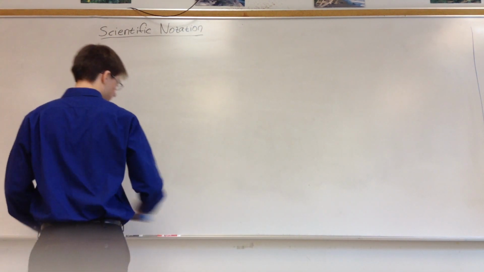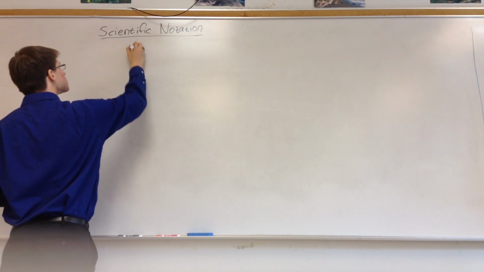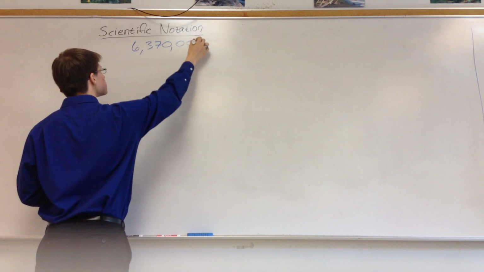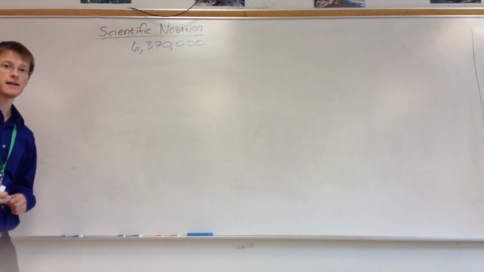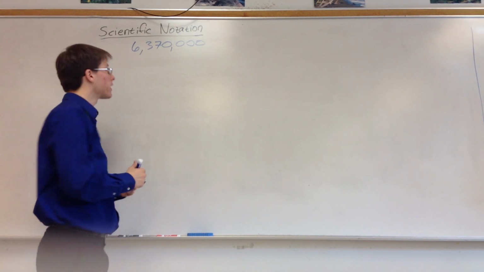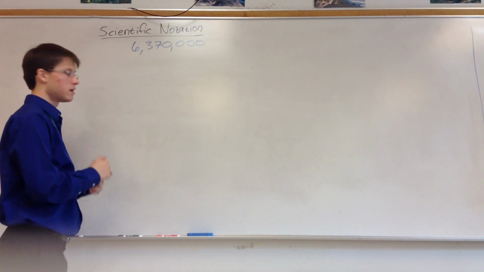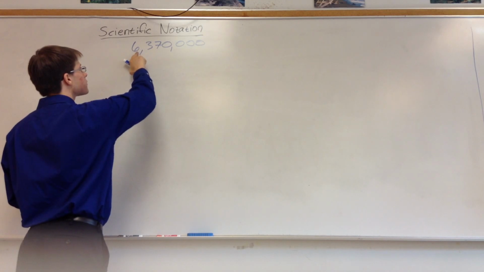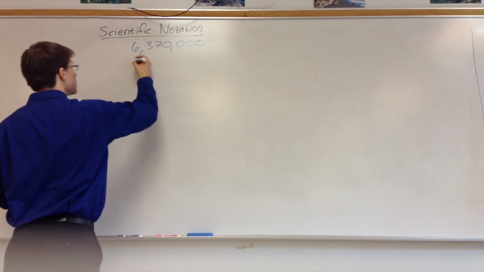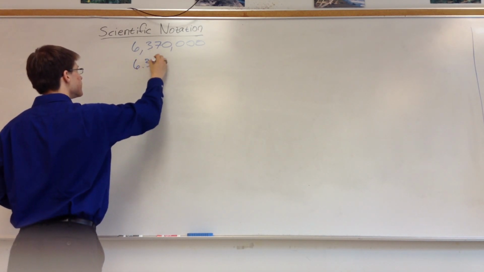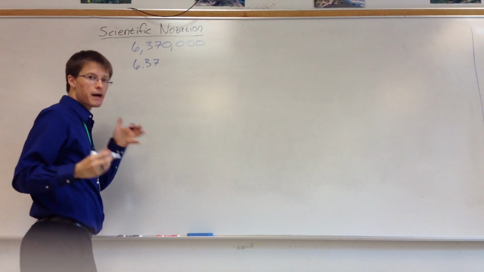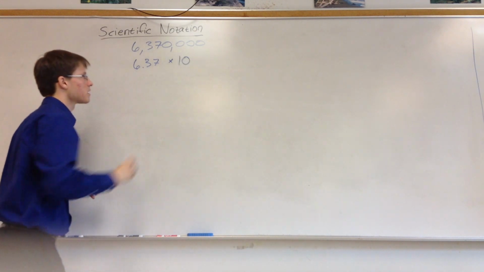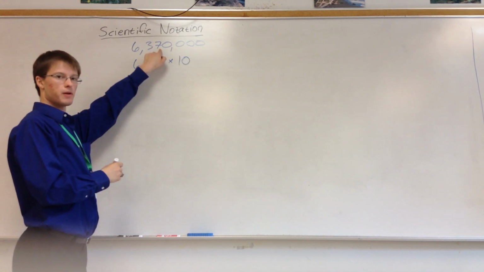So suppose I have 6,370,000, and I want to write that in scientific notation in a more compact way. Well, in scientific notation, the standard is that you're going to have the decimal point be right after the first integer here. So we're going to have 6.37, and you're going to multiply that by some power of 10. 6.37 times 10 to the something, and this needs to give you this number.